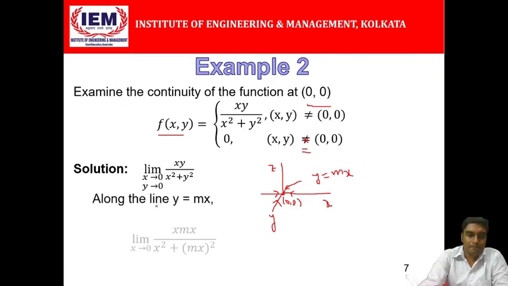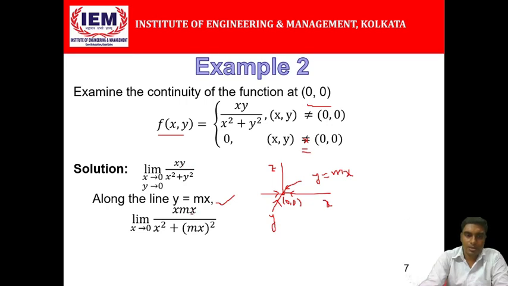Now if I approach by using this straight line y equal to mx, I am plugging this equation y equal to mx in here, and here x squared plus y squared becomes x squared plus mx squared, right? Now when x tends to 0, then y also tends to 0, that also holds here with y equal to mx.